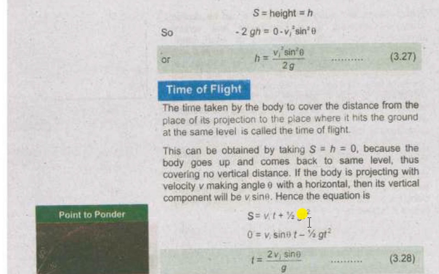So we use the equation S is equal to Vi t plus half g t square, where the acceleration due to gravity will be negative because we are throwing the body upward. The component of the velocity along the y-axis is Vi sine theta, and this t is the time of flight.